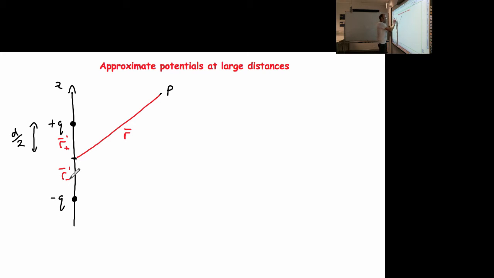So the separation vector between the positive charge and the point of observation will be given by R minus R prime plus, and between the negative charge and our point of observation, it's going to be given by R minus R prime minus.